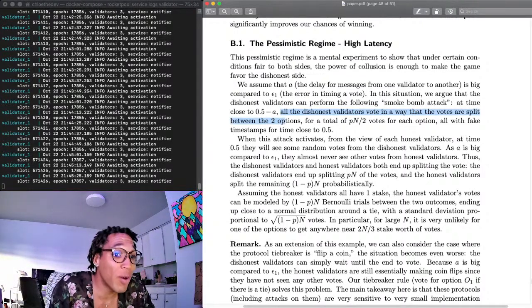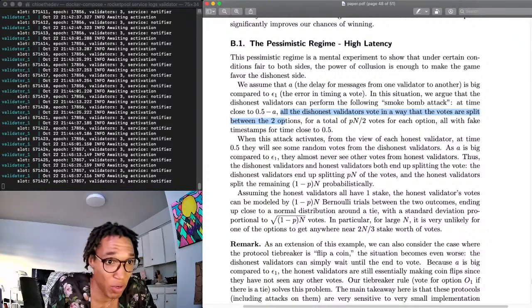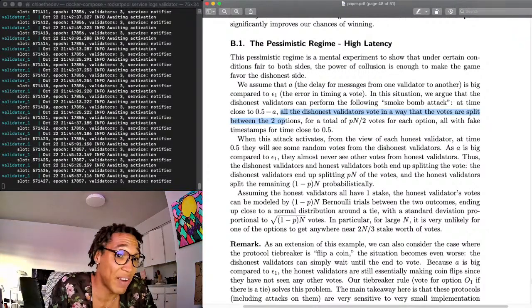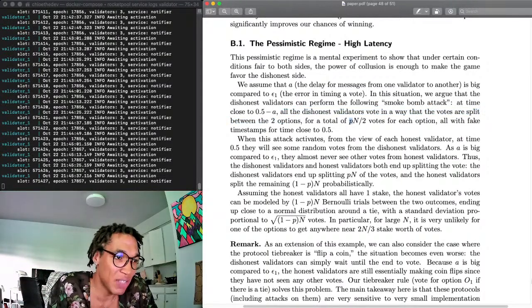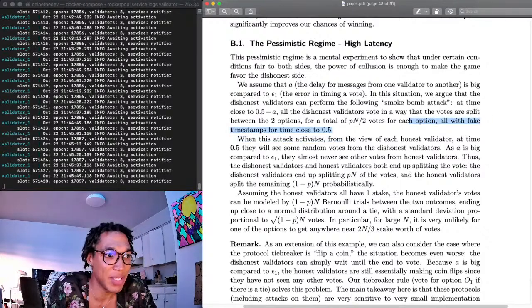So before all the honest validators are about to vote, the dishonest validators have already voted on two distinct options, for a total of dishonest validators times n over 2 votes for each option, all with fake timestamps for a time close to half. So it seems like when you go to attest, both options look real, they both look fine.